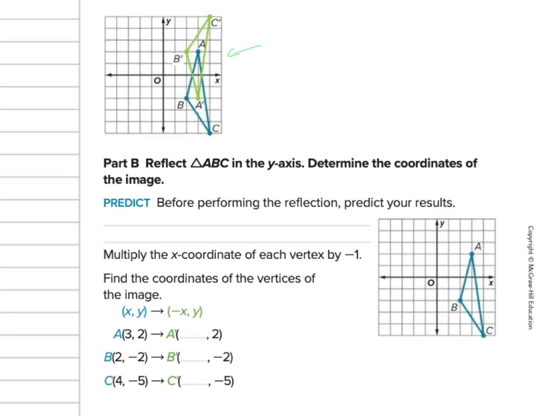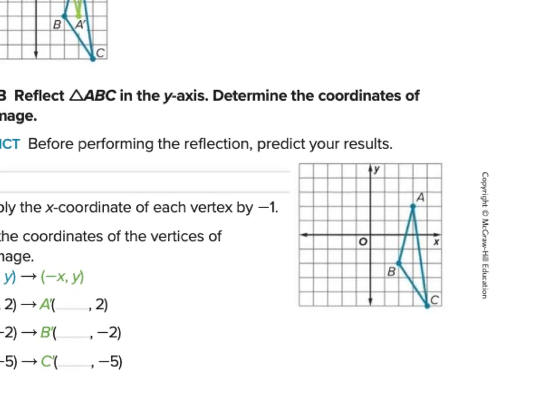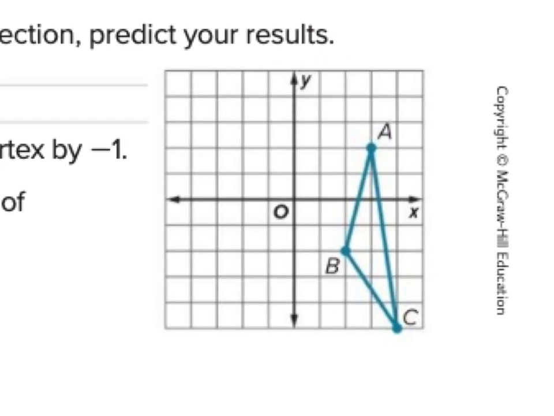Okay, and then the same thing for your y-axis. If we were to reflect over the y-axis, I'm 2 away from the y-axis, so I need to go 2 away from the y-axis. 4 away from the y-axis, right? C, 1, 2, 3, 4. A is 1, 2, 3 away from our line of reflection, so there's A prime.